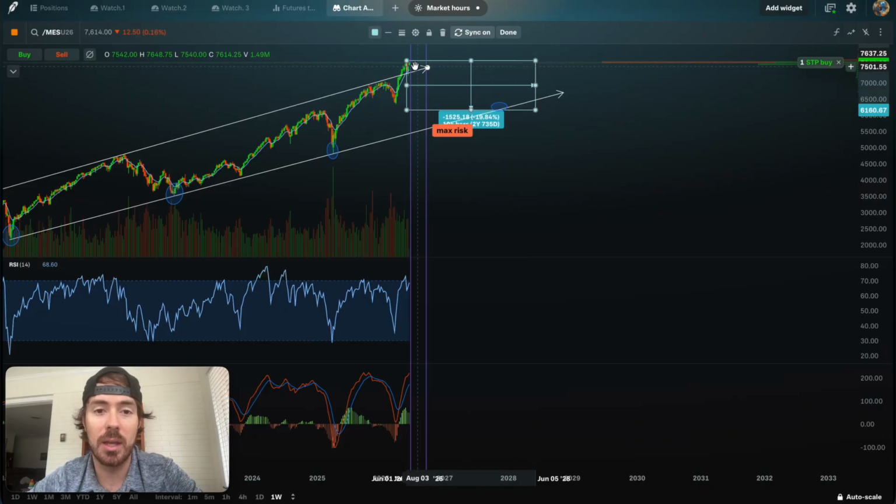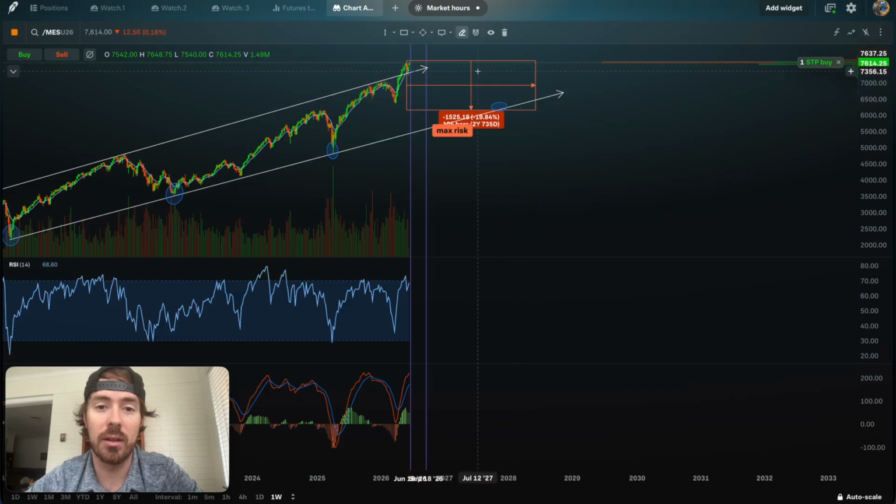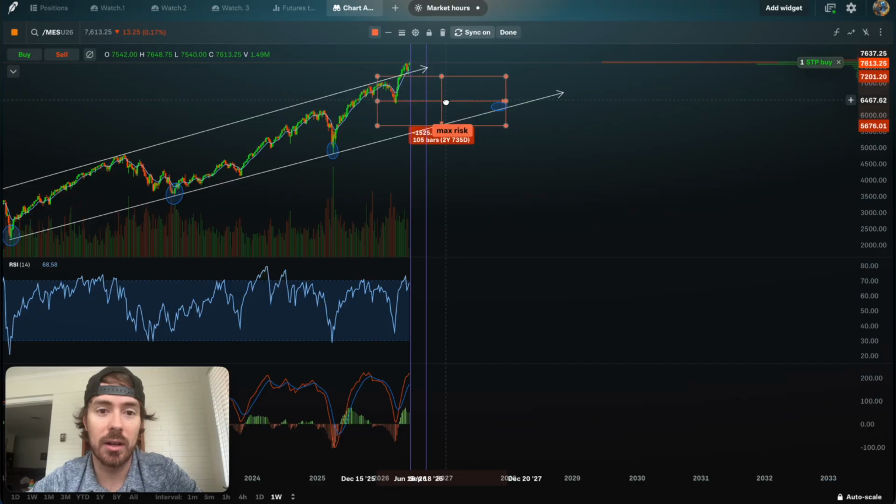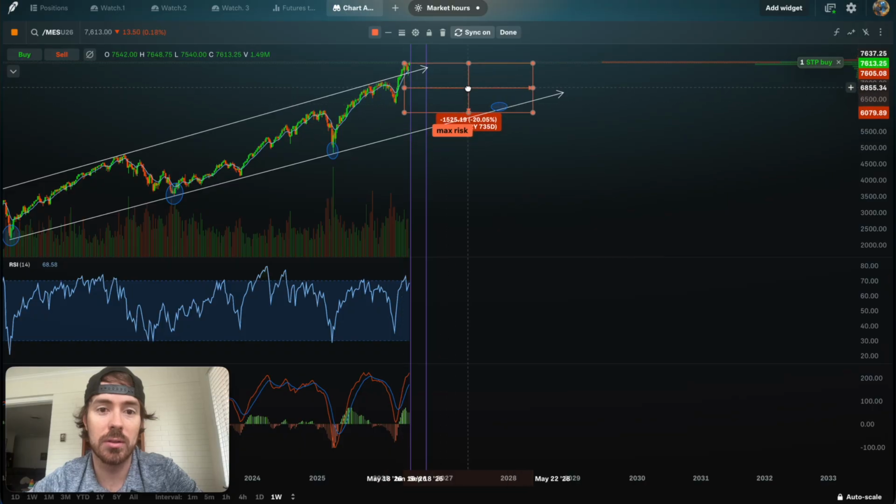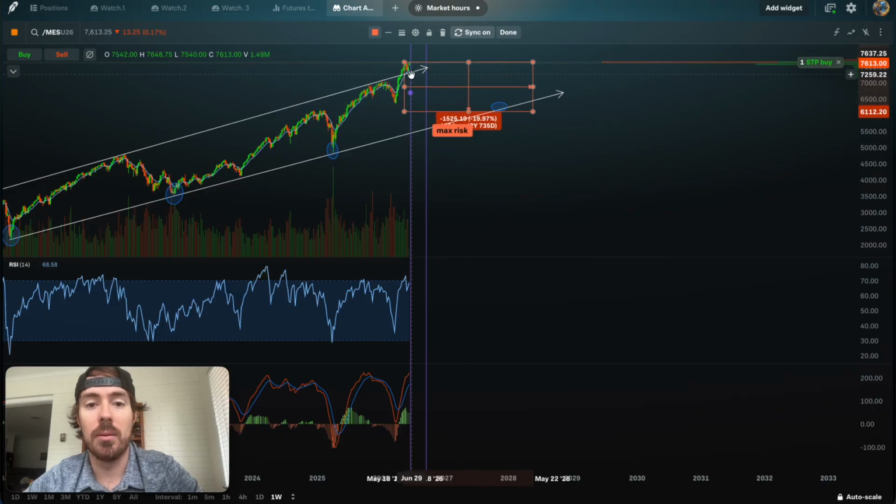So this is where I've been keeping mine, and I keep it a sort of warning color actually. And every time the market breaches that top and sets a new high, I'll just move it up. So it's always at the top. And then that's another 19% drop and a 2 year recovery.